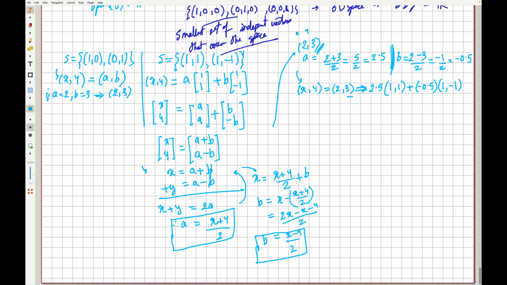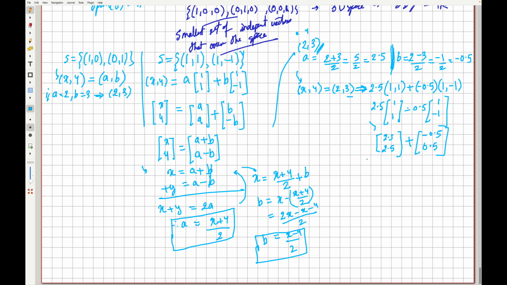And we can check that we get that value by simply performing this calculation. We do this multiplication: minus 0.5 times 1 minus 1, and so this simply becomes 2.5, 2.5, and this becomes minus 0.5, plus 0.5.